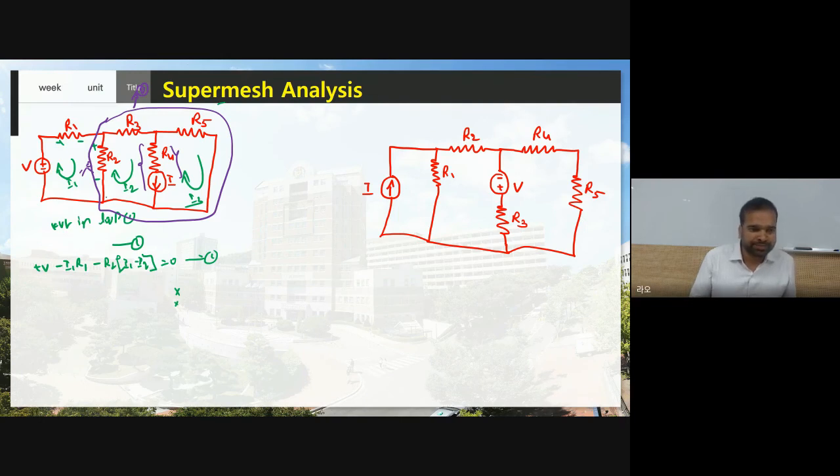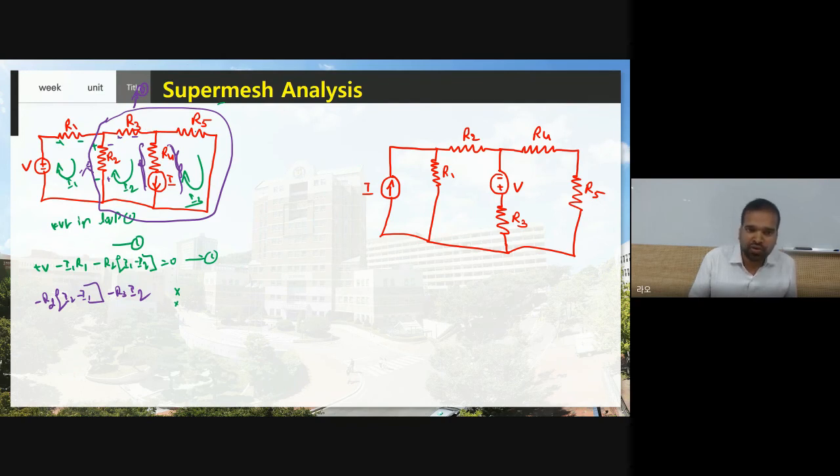Therefore here, see, plus and minus. Therefore this is minus R2, and what current is flowing? I2 minus I1. Clear. Then here, as per loop 2, what current is flowing? I2 only. Therefore here R3 and I2. Shall I go towards R4 and I? No. We should not go towards this branch because we are not considering it in order to form the super mesh.